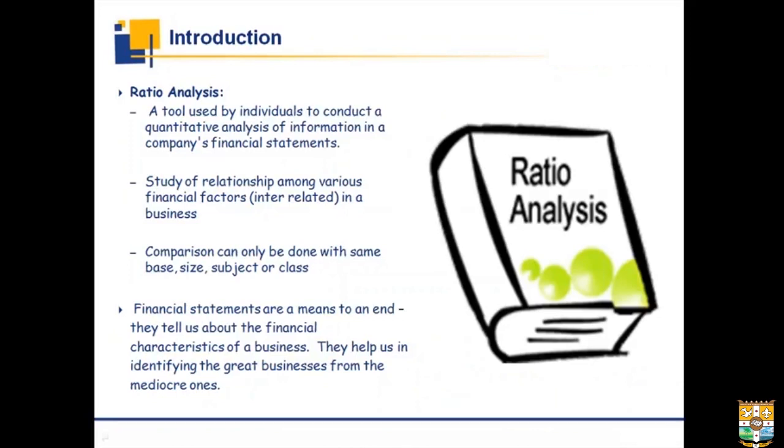So ratio analysis is a study of relationships among various financial factors. The numerator and denominator can both be from the P&L account, or both can come from the balance sheet, or one may be from the balance sheet and one from the cash flow, or there may be a number of permutations and combinations which can be done.